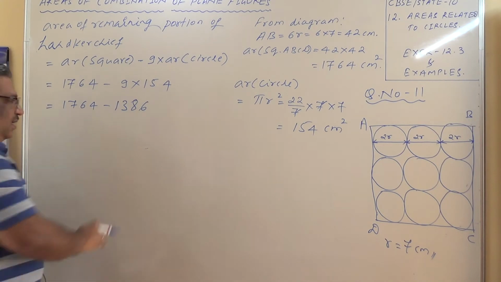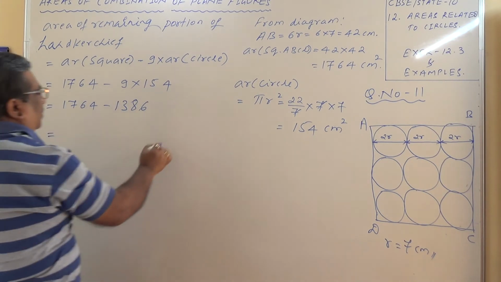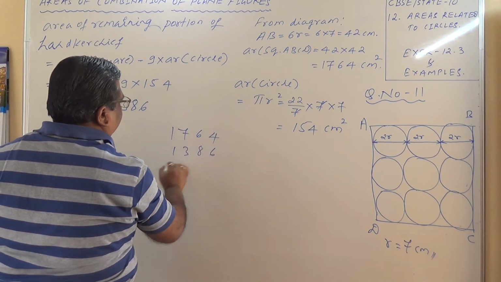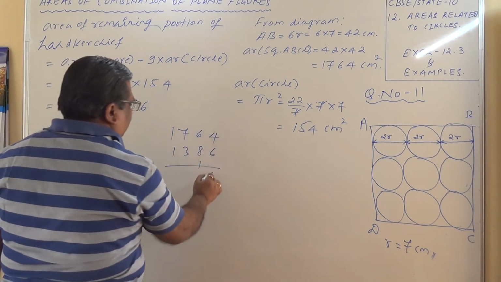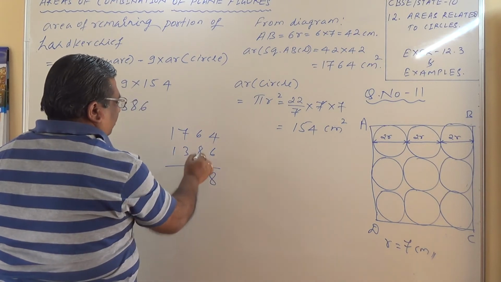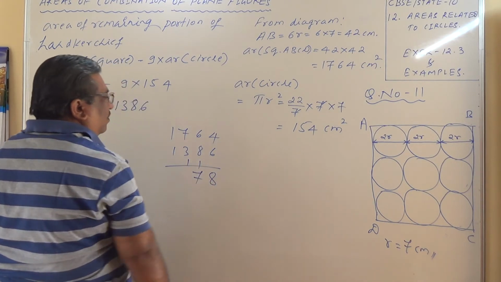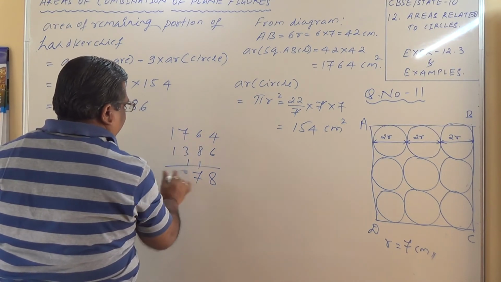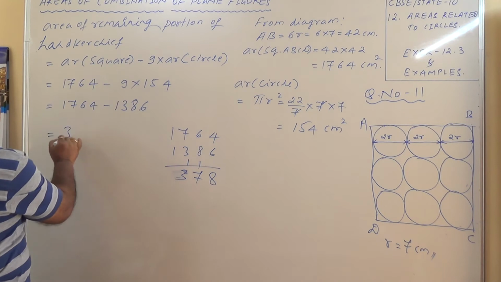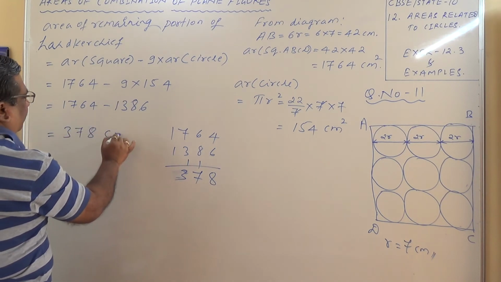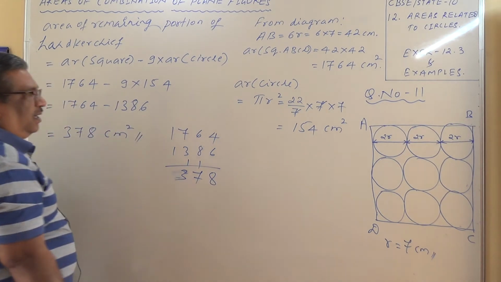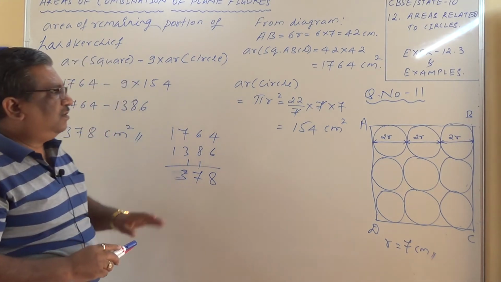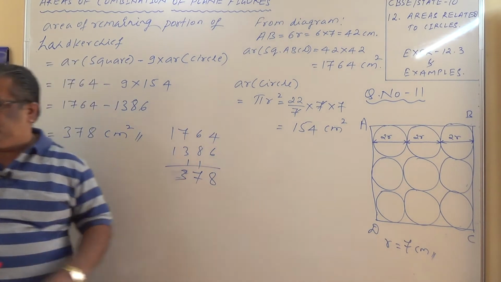Is it correct? 1386. So this is equal to 378. Correct. So 378 square centimeters. So make a note of this one.